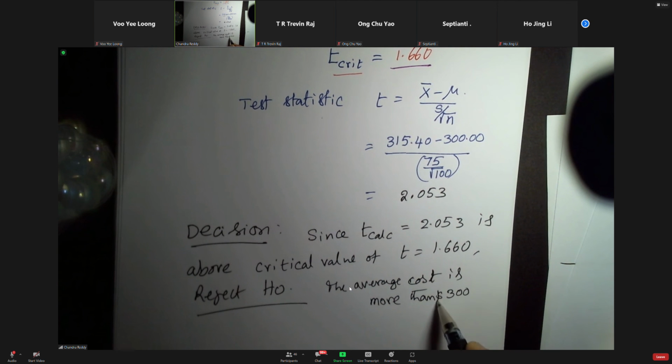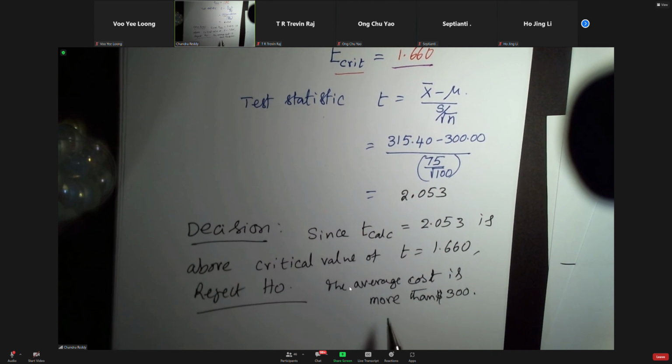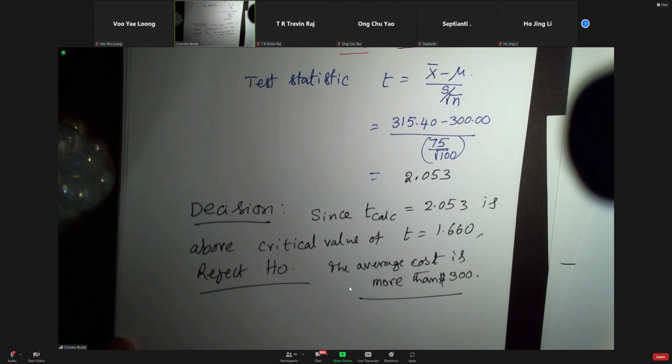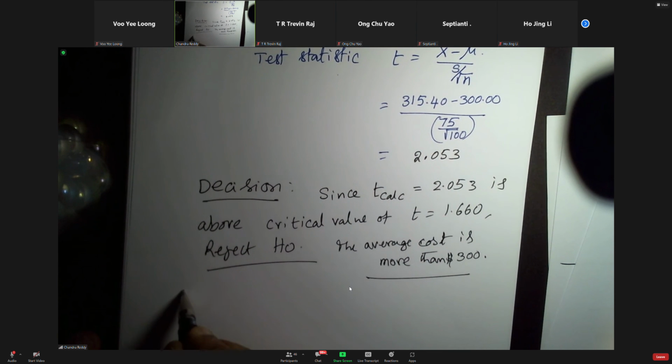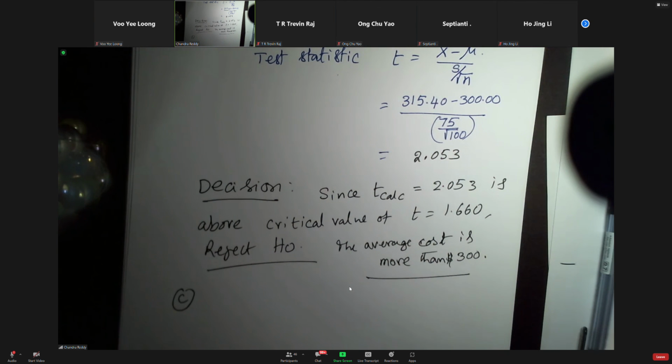All right, so this is part B. The difference is that the sample standard deviation is given as 75 and the significance level is given as 0.05.